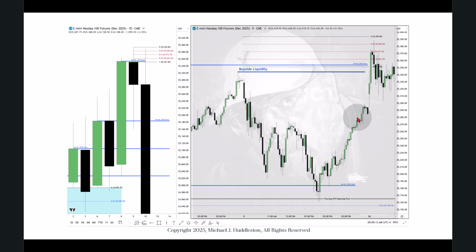And now here we are. D-Day. Here it is, the market on the 9th. Here's Thursday, creating the high.